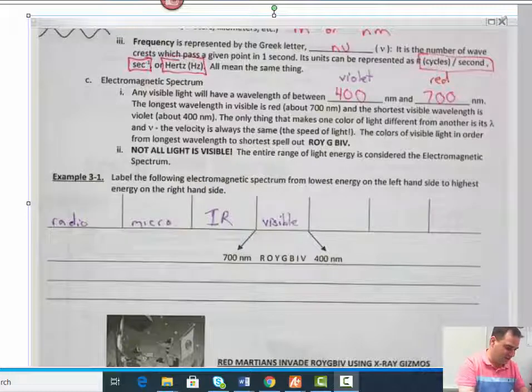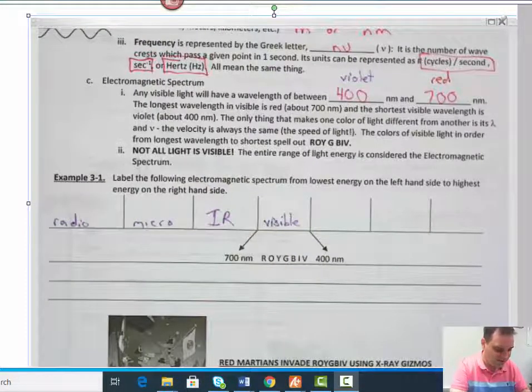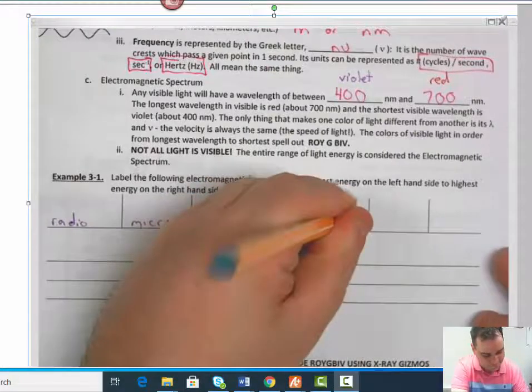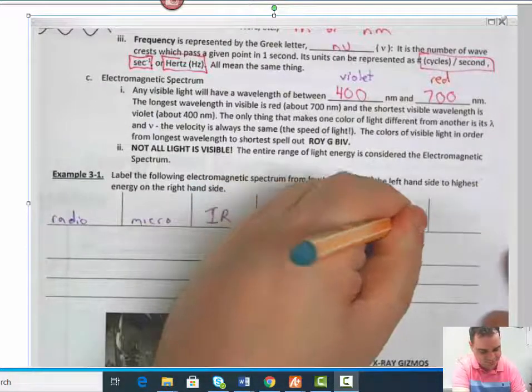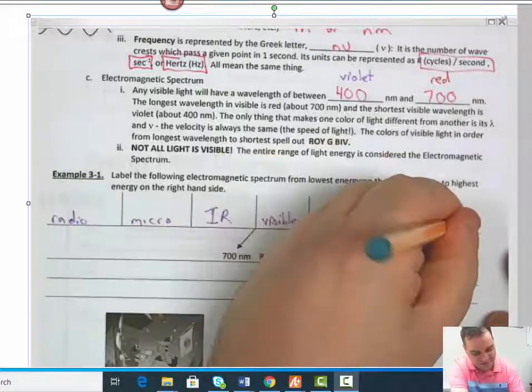Then on the higher side with the shorter wavelengths, that would be ultraviolet, X-rays, and gamma.